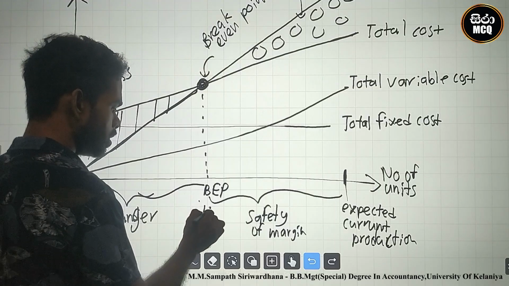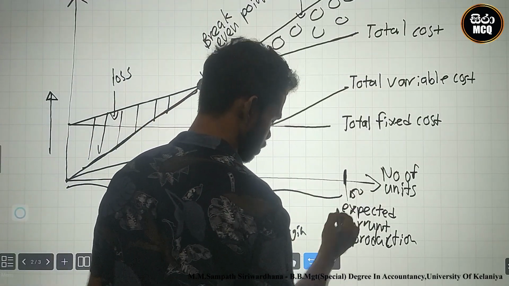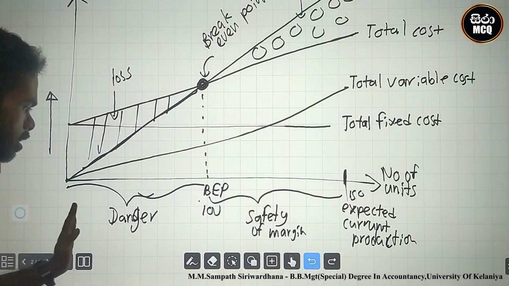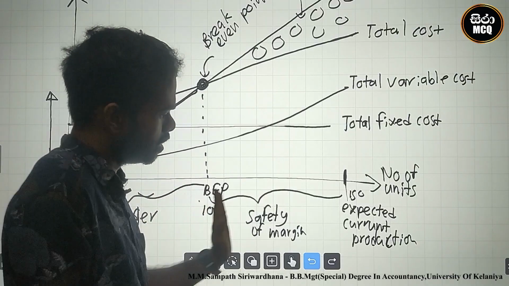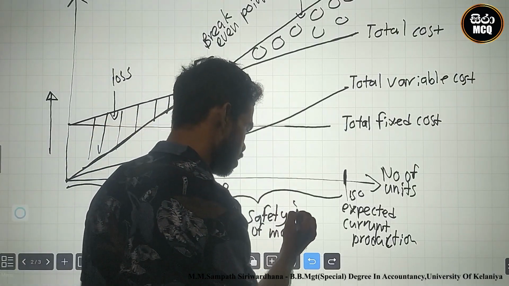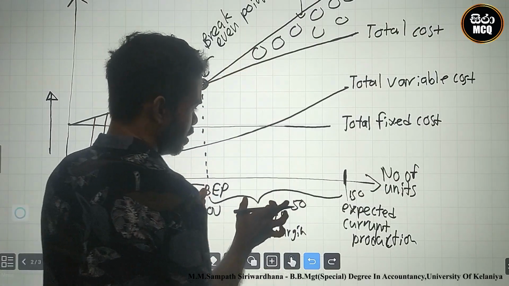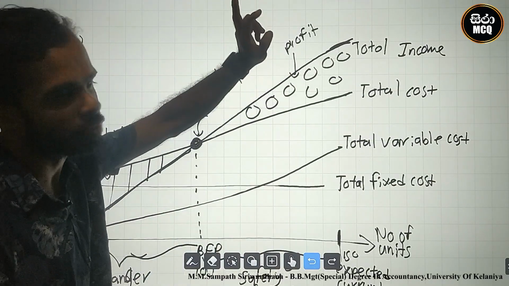You know, break-even point is 100, expected current production is 150. From 0 to 100, there is a danger area. After the 100, the margin of safety area is 50. From 100 to 150, there is safety. Look here, the safety area should be profits.